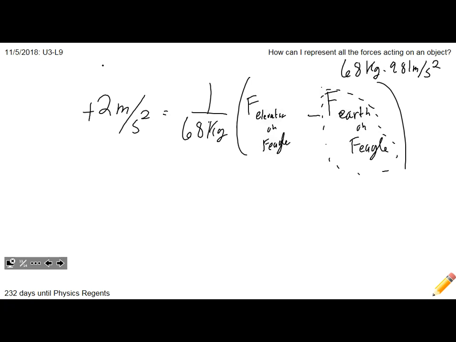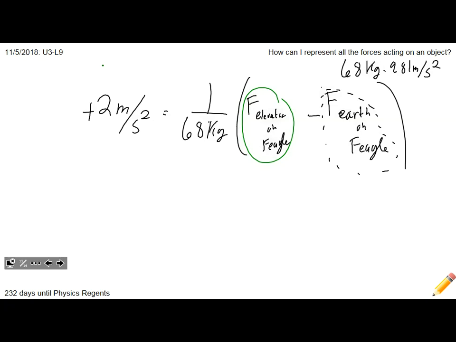So we need to solve for this. This is what we're trying to get the number of. The first thing I would do is multiply each side by 68 kilograms. I'm kind of thinking of it like cross multiplying.